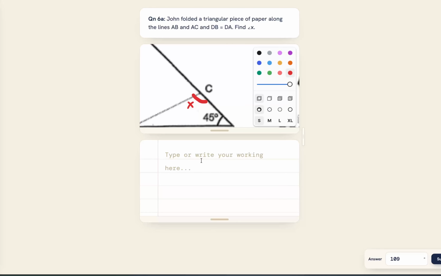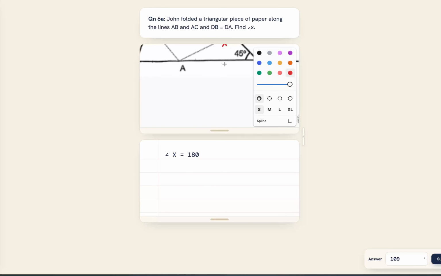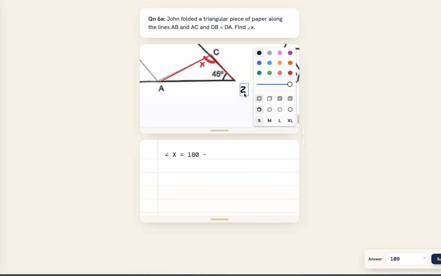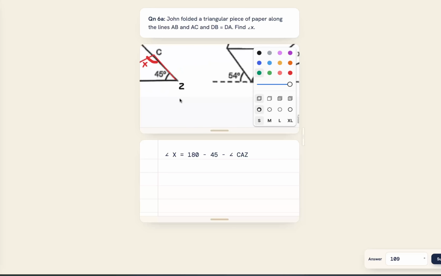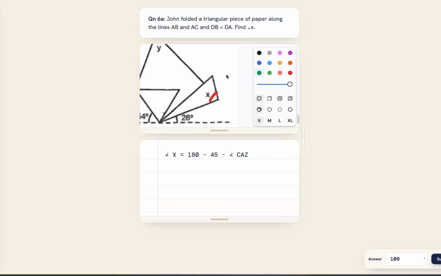So to find angle X, we need to have 180 because it's part of the triangle over here, which is A, C, and the corner here. Let's put Z over here. So angle X is 180 minus 45 minus angle CAZ, which I want to put as green. If you were to look at the folded angle over here, where do you think it is?